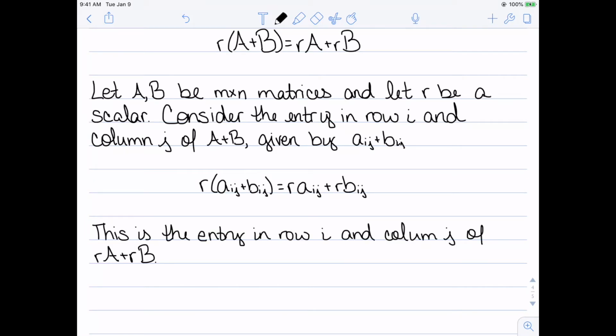And by definition of scalar multiplication, this is the entry in row i and column j of RA plus RB. So since I proved that these 2 things were equal for row i and column j, which is an arbitrary entry in this matrix, it has to be true for all of the entries. So it has to hold true that R times (A plus B) is equal to RA plus RB.